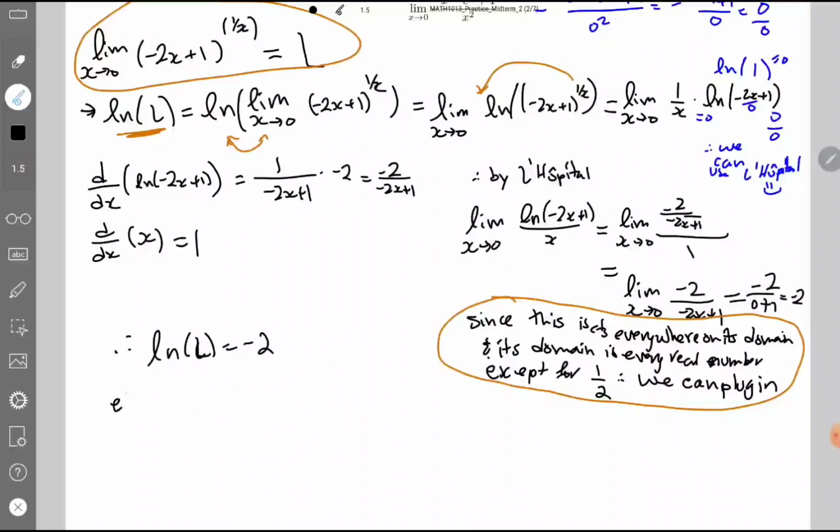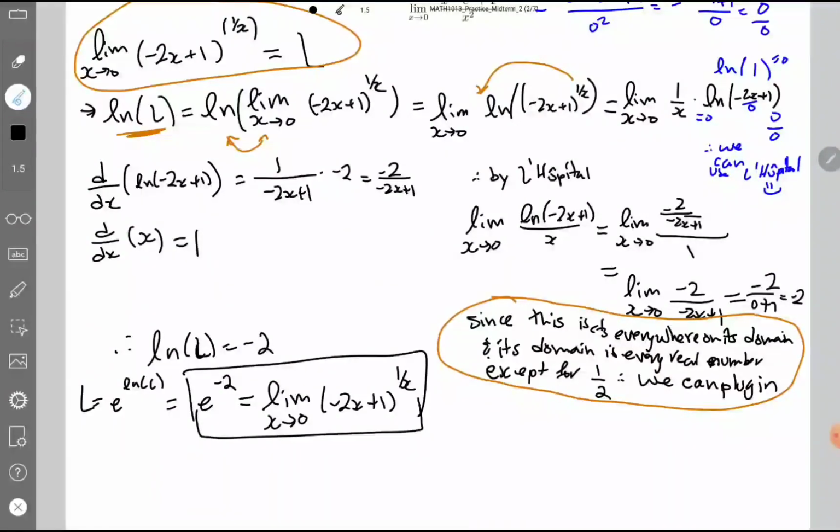I take e to the natural log of L, which is just equal to L. This is going to be equal to e to the minus 2, since the natural log of L is equal to minus 2. So this is what our limit equals. And that is part 1.